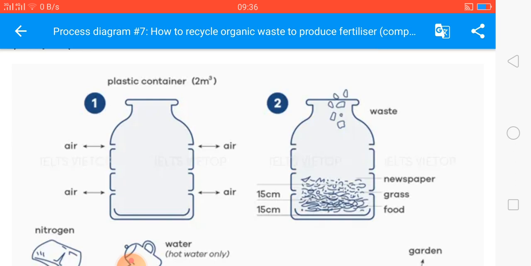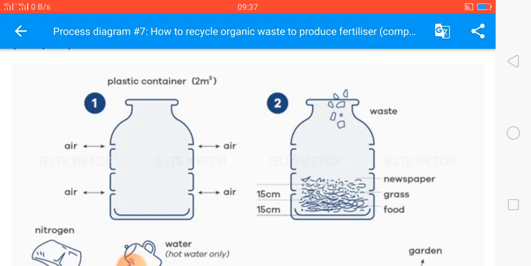After that, in the second stage, you can see the waste material is poured into the container, and the raw materials used here to make fertilizer are newspaper pieces, grass and food. And 3 layers are formed of 15 centimeters height each. A total 45 centimeter layer would be there of 3 types of material used in making compost.